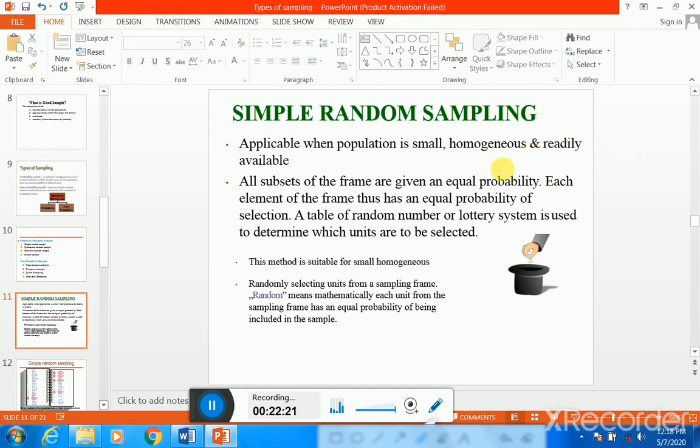That is a homogeneous group. Why? Because homogeneous things are internally the same. So every member, element, case, subject of a homogeneous group has the same probability and selection chance. Such a method is simply known as the simple random sampling technique. Hope, inshallah, a bit of the idea will be clear.